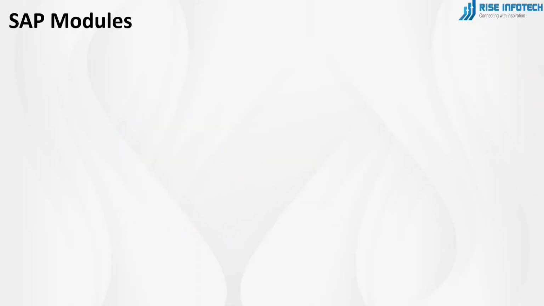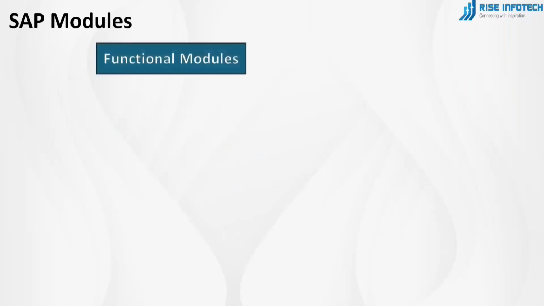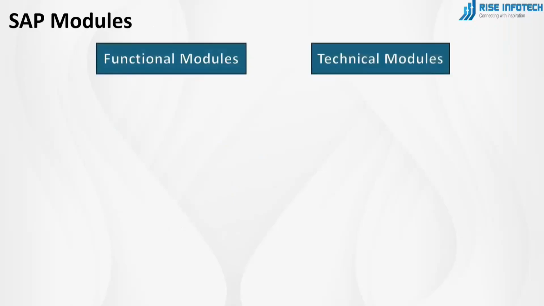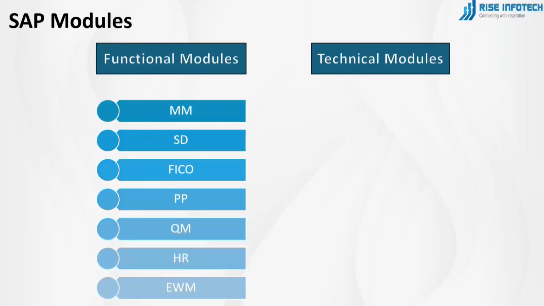Moving to SAP modules, there are two different kinds of modules: functional modules and technical modules. In functional modules, we have a number of modules, but some specific modules are more important to the SAP system.